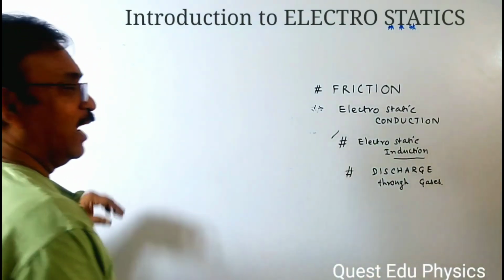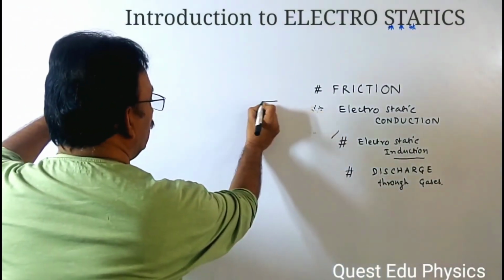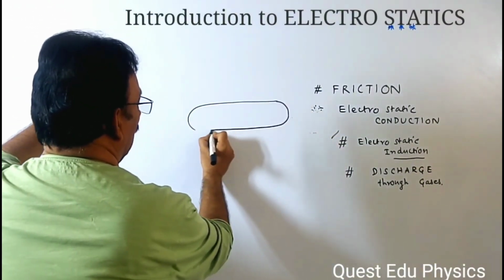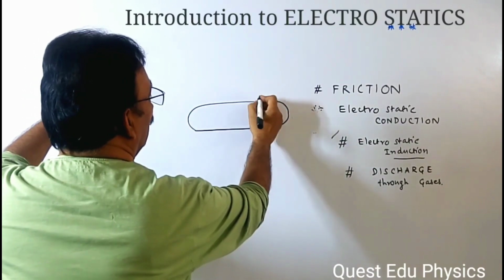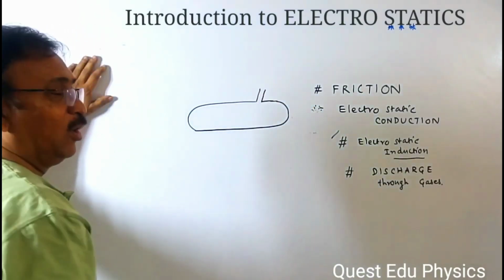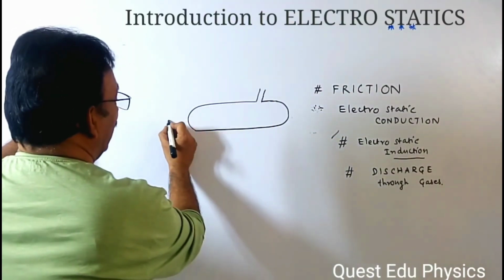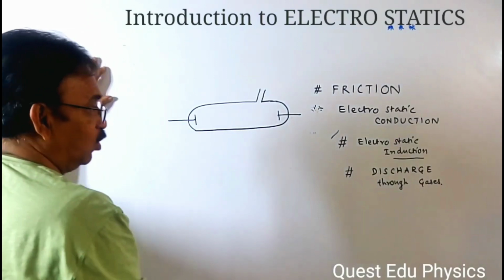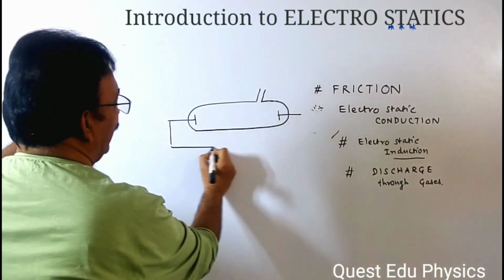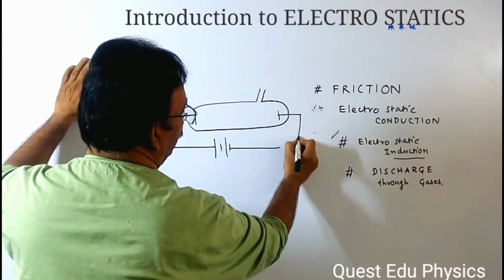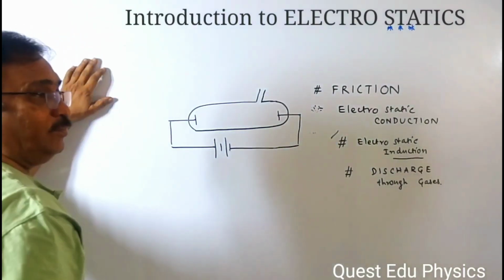And what is discharge through gases? You have to take a glass tube, a hard glass tube, which has a valve here, an outlet valve you can say. Then you have to keep two electrodes in it. These are the two electrodes. Then we have to connect these electrodes to a source of higher potential.